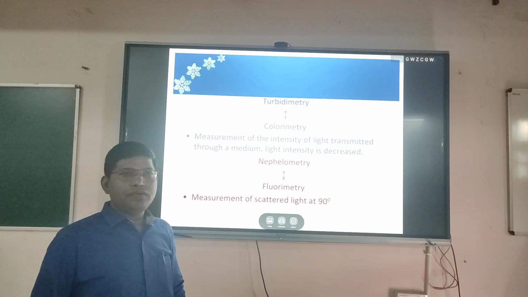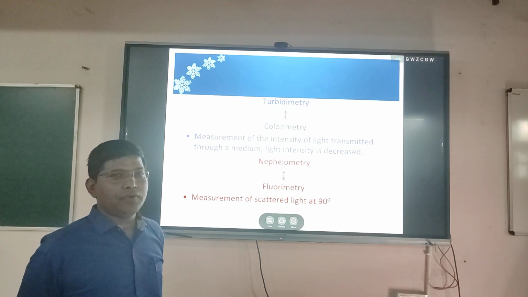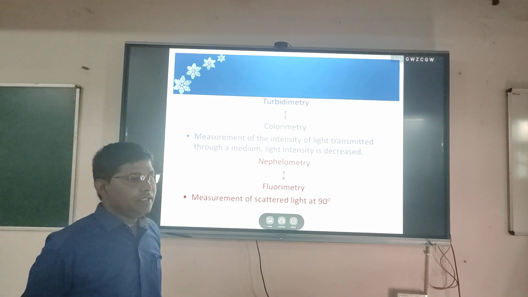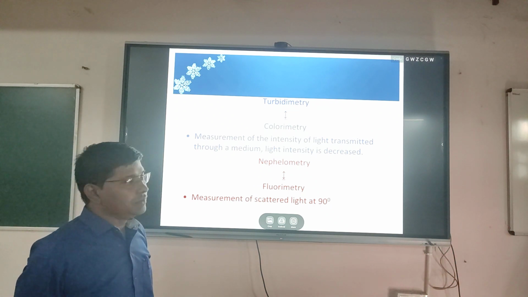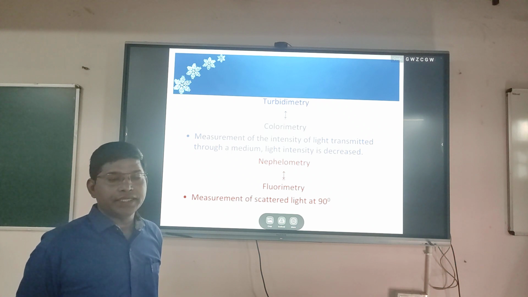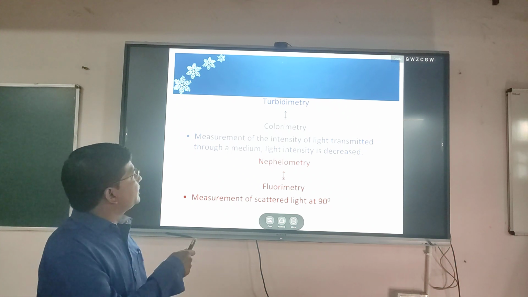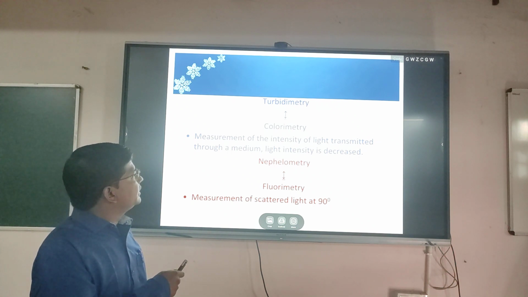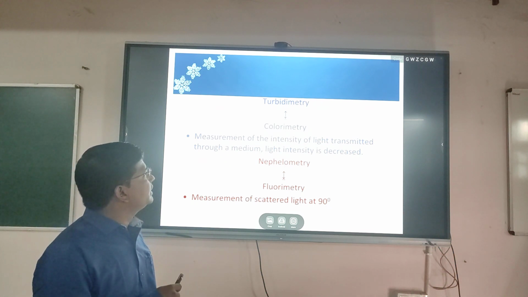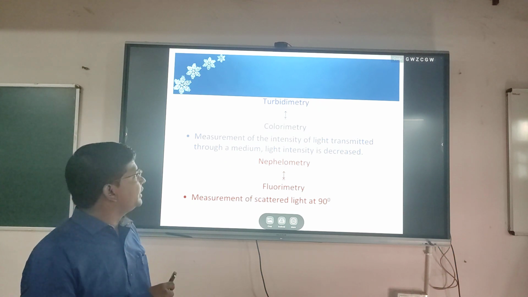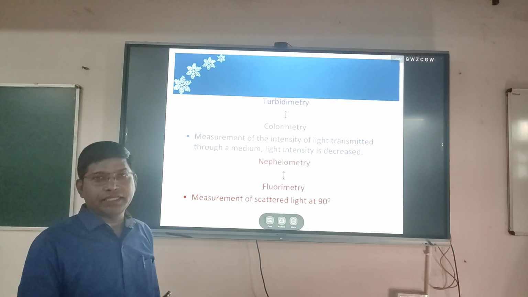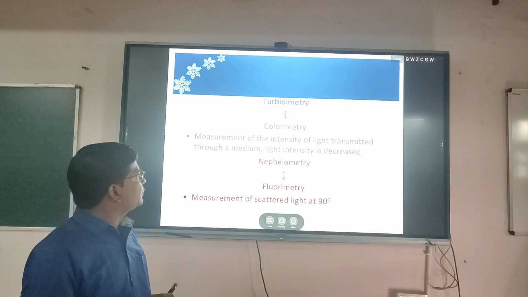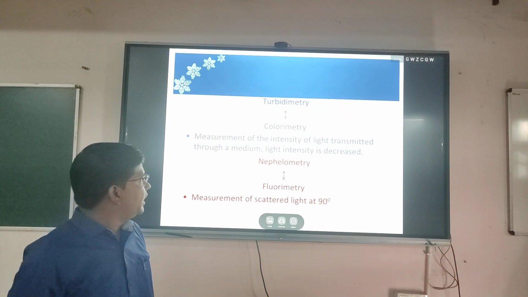Hi everyone. Now we will start another part of nephelometry and turbidimetry. Here we will see there are some similarities between turbidimetry and colorimetry. This means if we don't have turbidimetry in our laboratory, then we will use colorimetry or visible spectrophotometry, because colorimetry is based on the measurement of transmitted light.